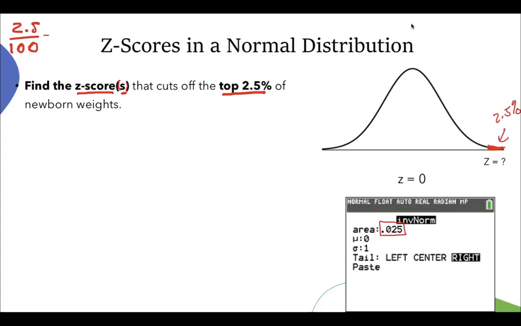And if you do that on a calculator, 2.5 divided by 100 is 0.025. Okay, so that's the area that you put in right here. Mean and standard deviation are 0 and 1. And you're shading to the right this time. And I'm getting 1.96. Let me go to the calculator and make sure that's correct.